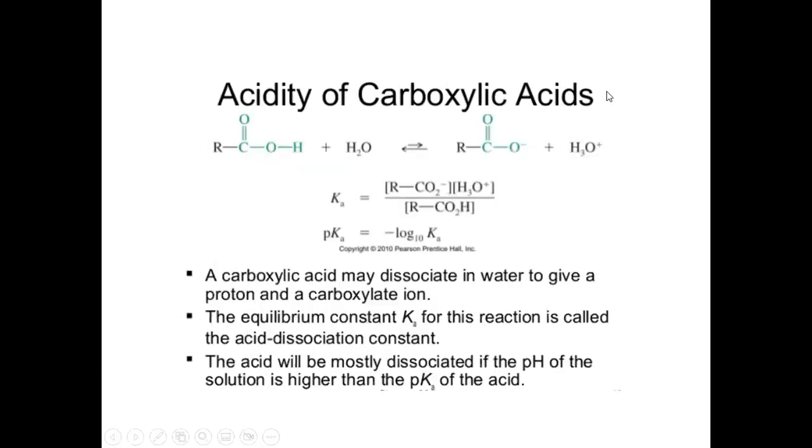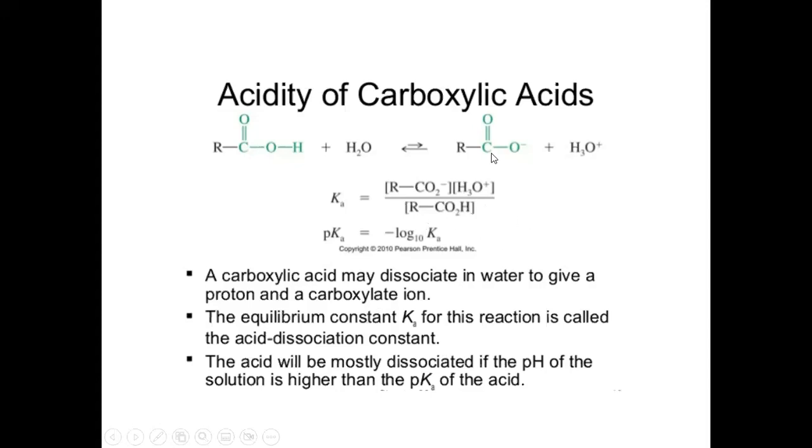Right. And then the acidity of carboxylic acids. So I'm sure you are familiar with this formula, Ka, right? pKa is the negative log of Ka. So the carboxylic acid may dissociate in water to give a proton and a carboxylate ion, right? So the equilibrium constant, the Ka for this reaction, is called the acid dissociation constant.